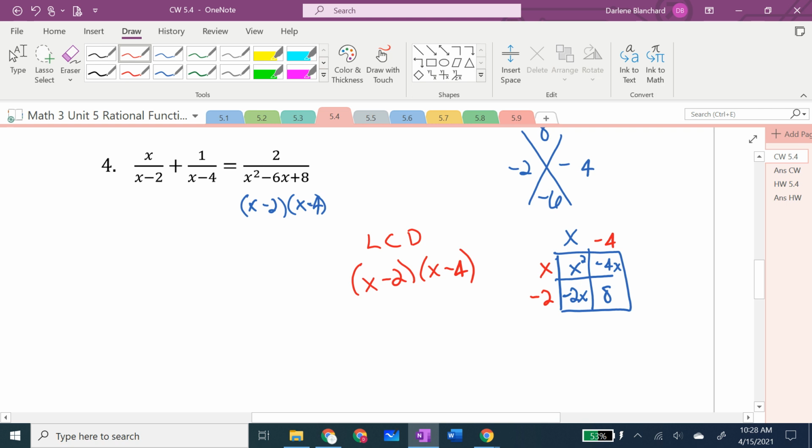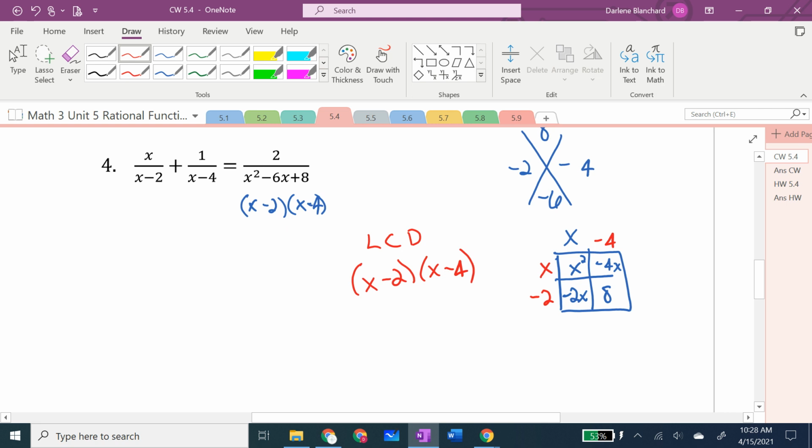What does LCD stand for again? Least common denominator. And sometimes it'll be LCM for least common multiple. That's another one that'll show up with those letters. But this one's looking at denominators. What is the least that is in common?